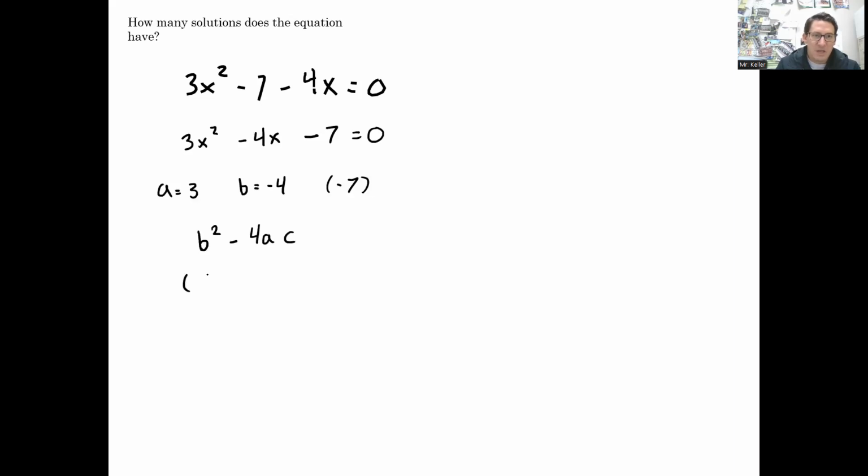So b squared minus 4ac, and let's substitute things where they belong. So a is 3, that goes here. b is -4, so a -4 goes in here. And then c is -7.